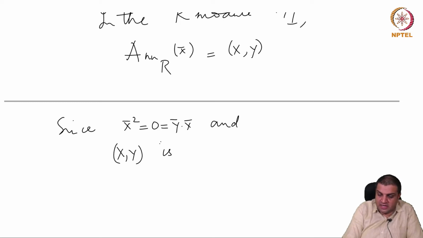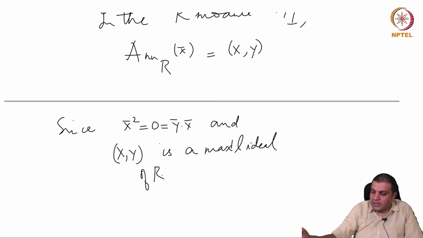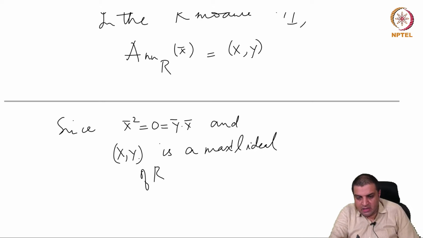And (x, y) is a maximal ideal of R. So the annihilator contains this maximal ideal, but it doesn't contain 1, so it must be equal to the maximal ideal.